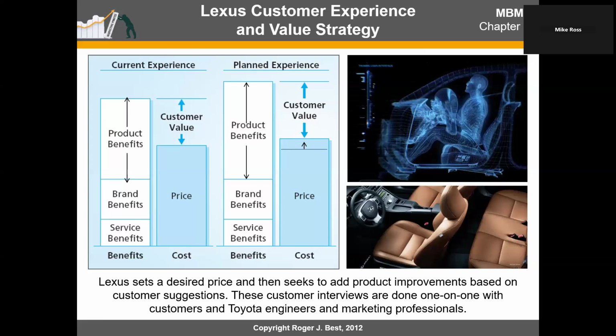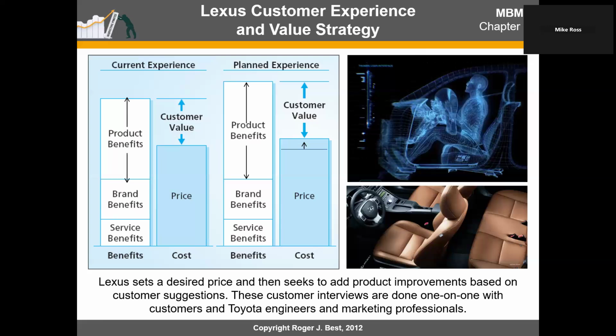However, Lexus is able to deliver on those things that I care more about, like maybe extended warranty, roadside service, a luxury interior, sound system, Sirius radio, whatever it may be.